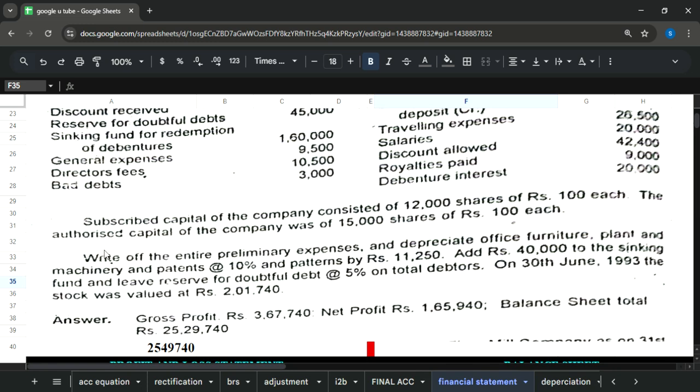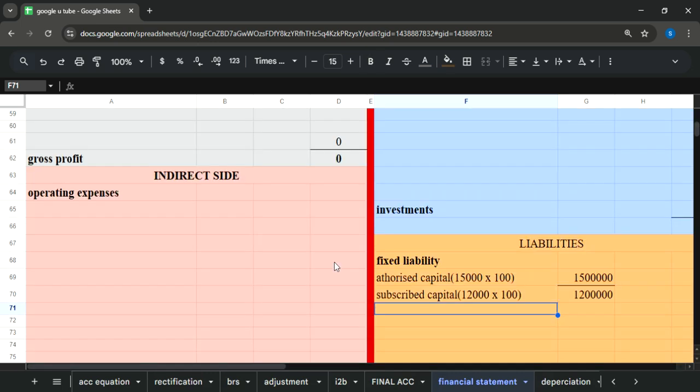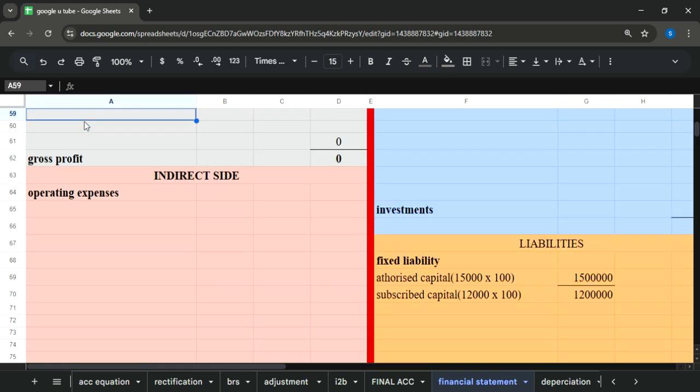Write off entire preliminary expenses. Please note it down. We are asked to write off. Preliminary expenses are normally written on the asset side, but we are asked to write off. So what we will do, we will go to operating expenses, and here you will mention this written off expense.